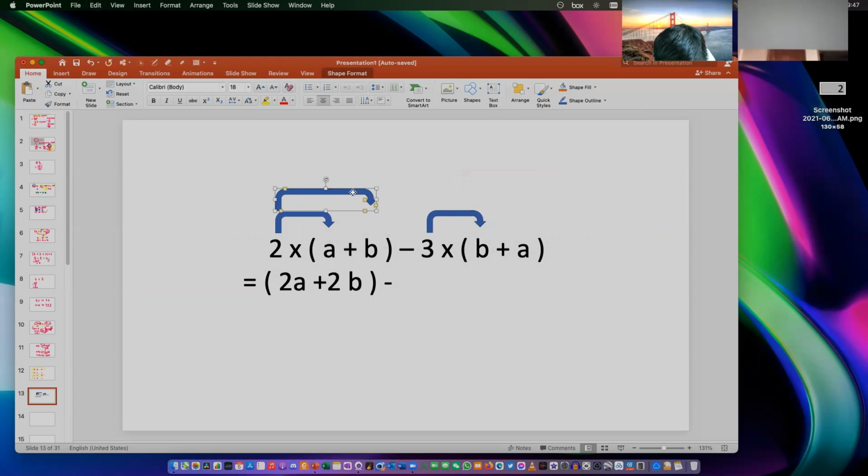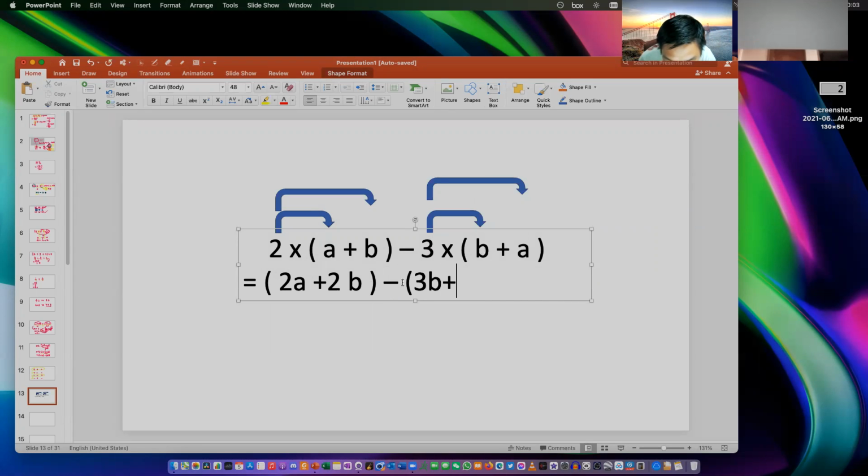And of course, this is the second arrow. For your first arrow, you are moving the 3 inside. And then for the second arrow, you are moving the 3 inside. So you will end up with 3B plus 3A. Do you agree with me?